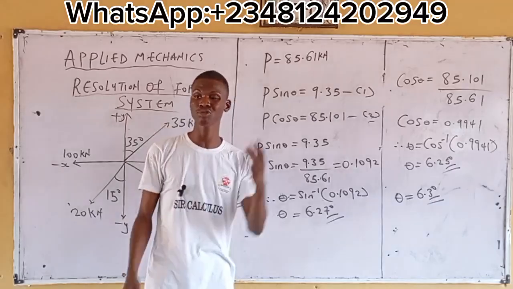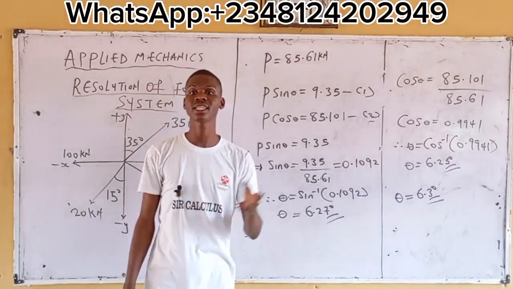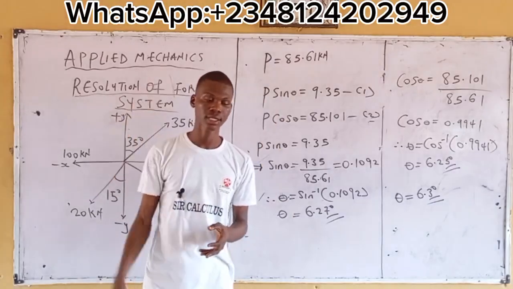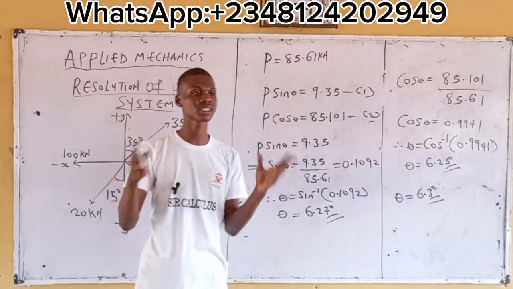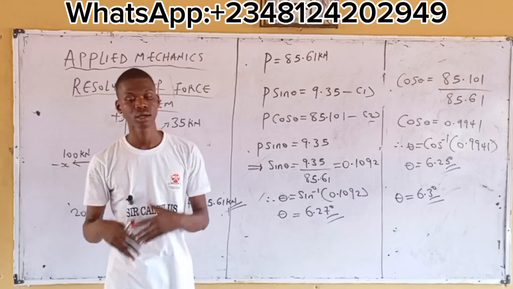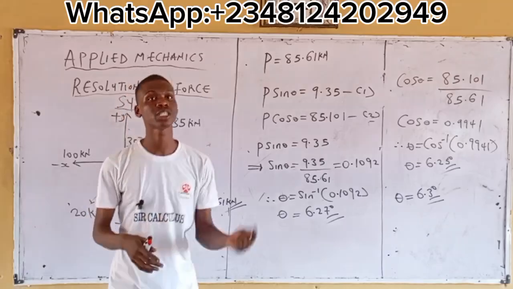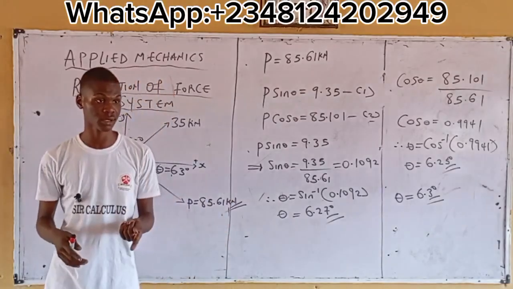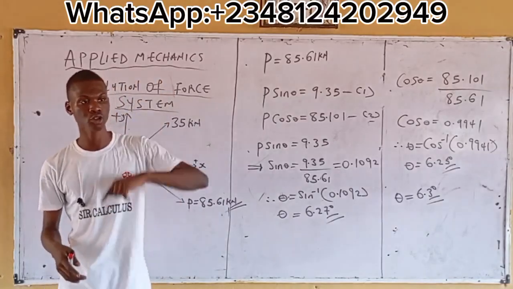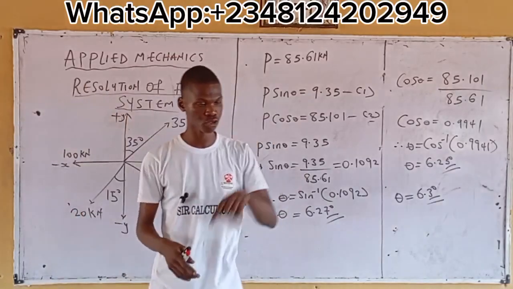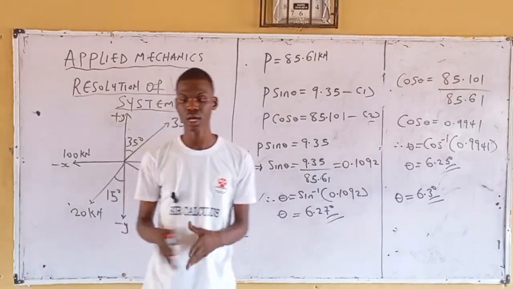But for that one, you are going to divide the left hand side and divide the right hand side. Then from there, make theta the subject of the formula. So that's how it works. Meaning, for the second one, you are going to get theta first, right? By the time you get theta, you are going to substitute into equation 1 or equation 2 to get P. So that's it.